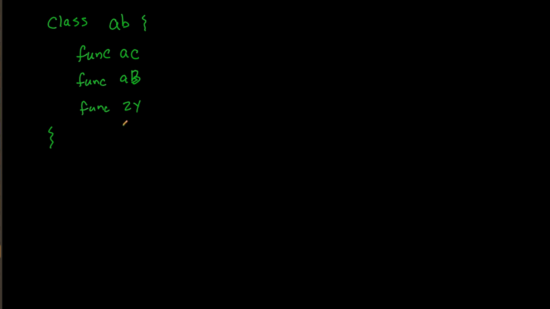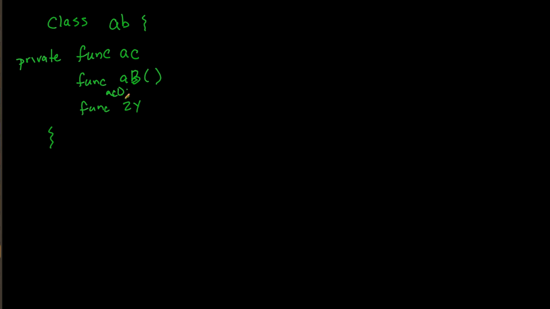This is where things start getting interesting, though. If I were to come into my class and say that this is a private function, then basically I've told anybody that creates an instance of this class that they can't call this function. The class doesn't even show it to them. They can call this AB function, and let's say the AB function actually calls AC.